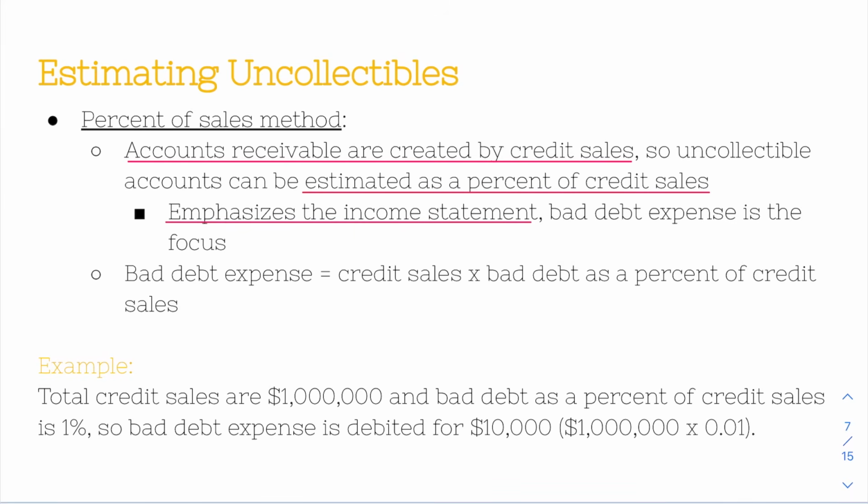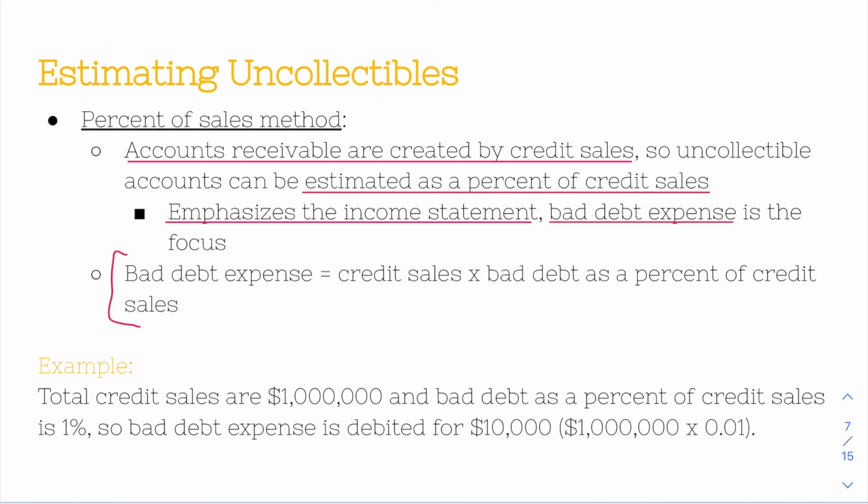This is because bad debt expense is the focus. Our process is simply bad debt expense equals credit sales times bad debt as a percent of credit sales. And that's an industry statistic that would be published, it would be created. Maybe you realize that every year you have 1% of credit sales go uncollectible, so then you would know that statistic.